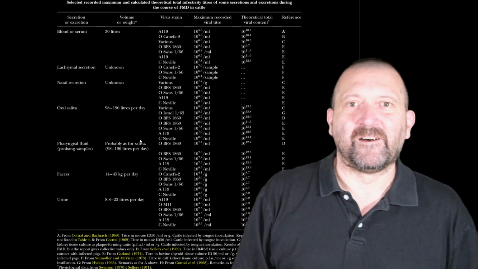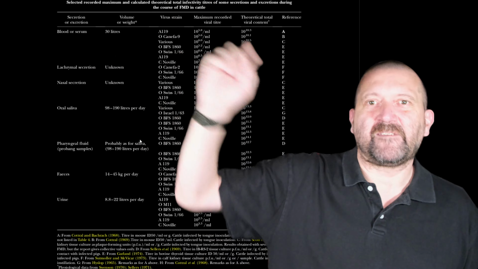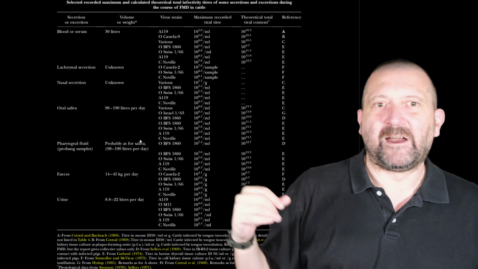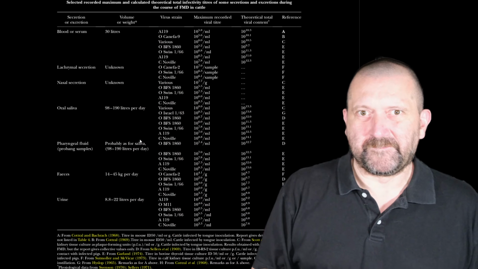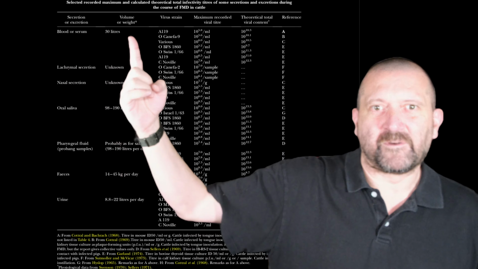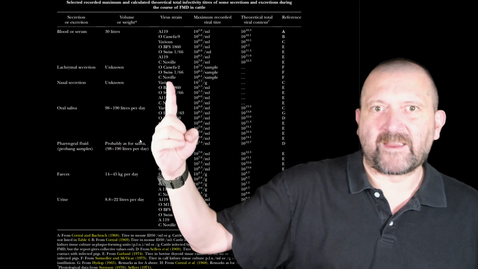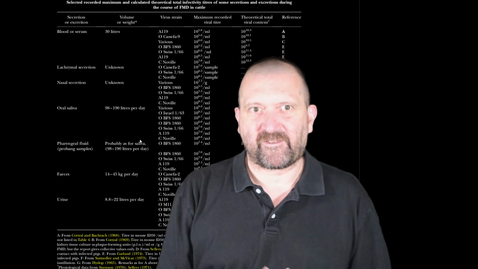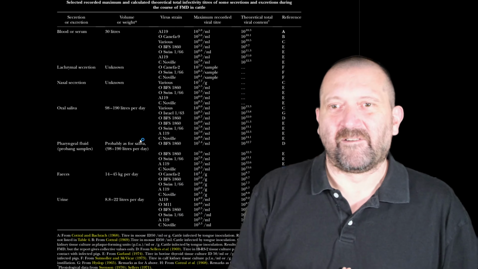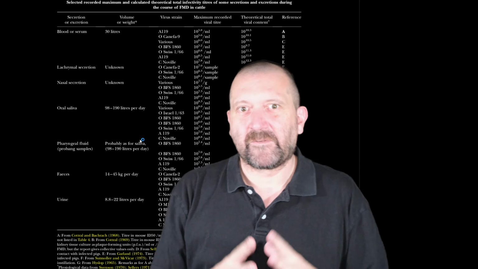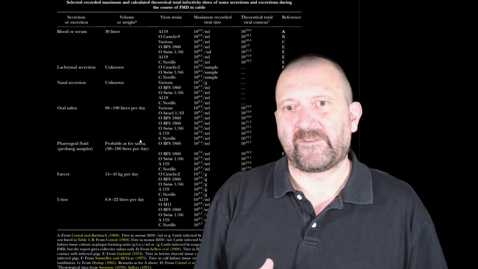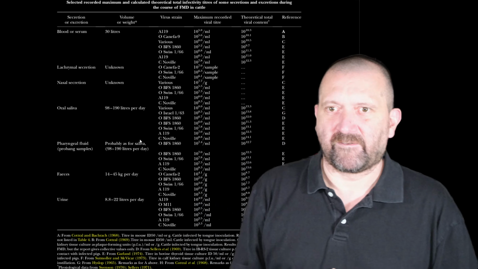And likewise, this is the infectivity titers in some excretions by different animals, so you can see in the blood or serum how much volume there is, what viral strains were observed in those excretions, etc. One thing that I want to point out is that here you can see there is an amount of data available that is quite substantial.